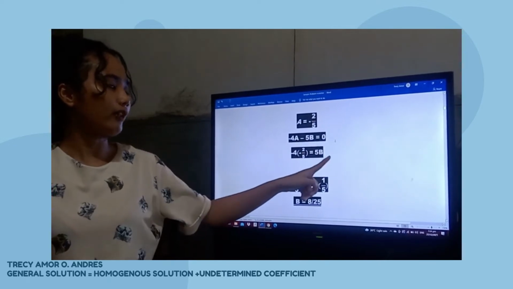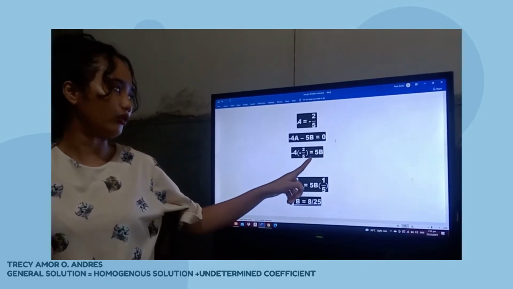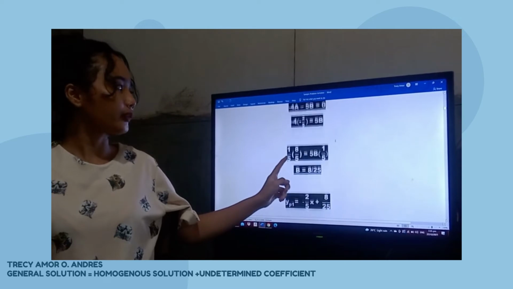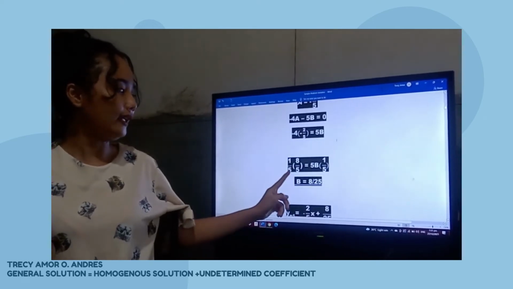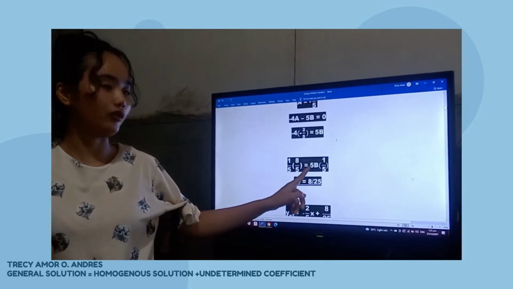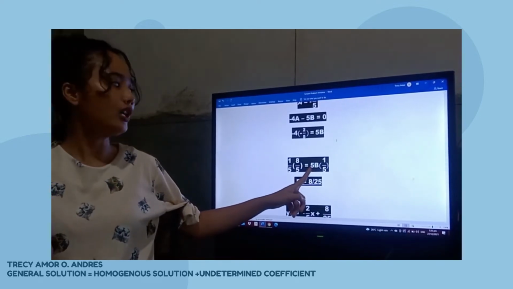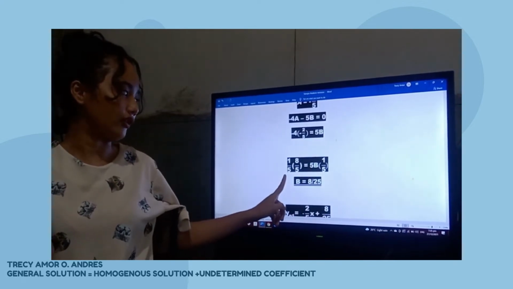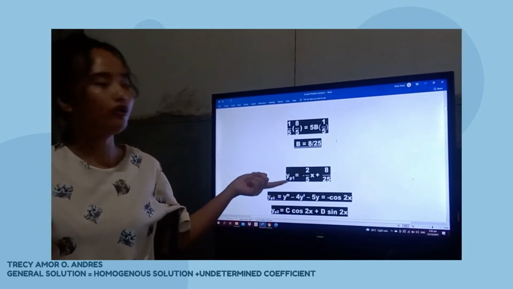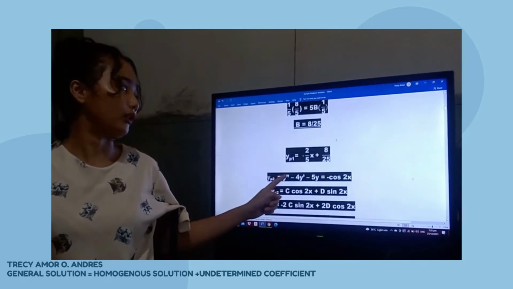We will transpose the 5b to the other side, so it will result to positive 5b. Then combining this, we have 8 over 5 is equal to 5b. Since we have to eliminate the 5 here, we will multiply this side by 1 over 5 as well as the other side. So we now have the value of b, which is 8 over 25.